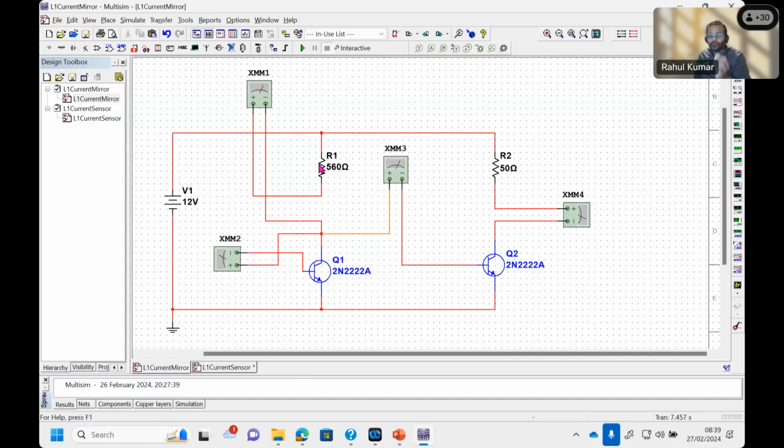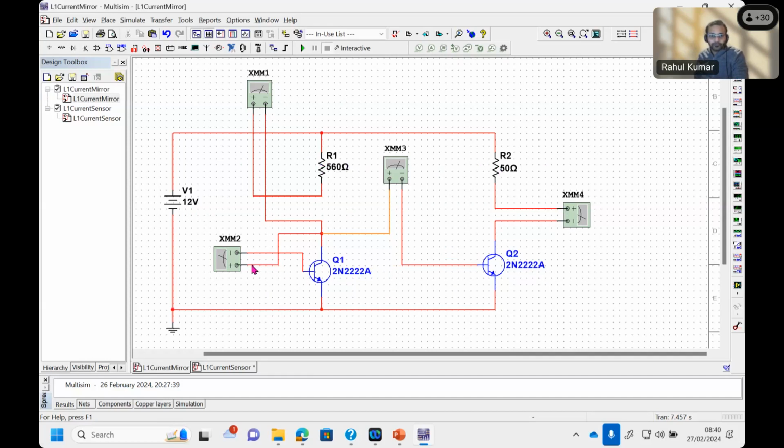R1 is your input resistance, and R2 is your output resistance. We are going to measure the currents flowing in this circuit.